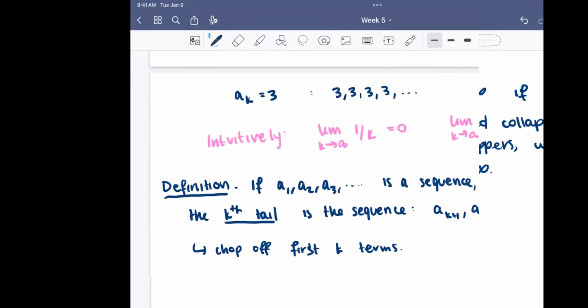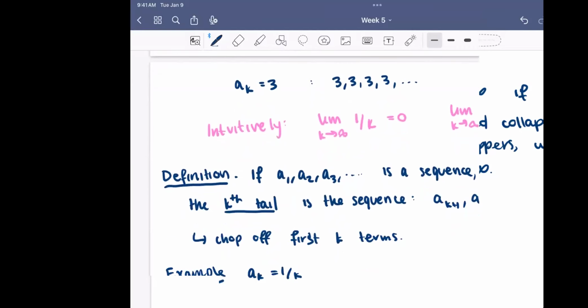So in the 1 over k example, if a sub k is equal to 1 over k, let's look at the third tail.